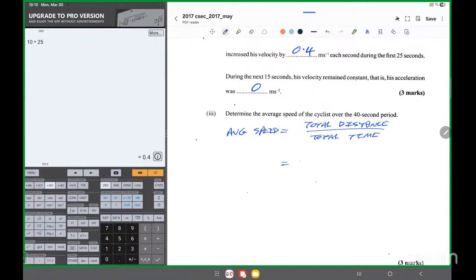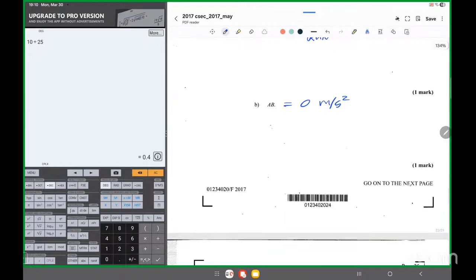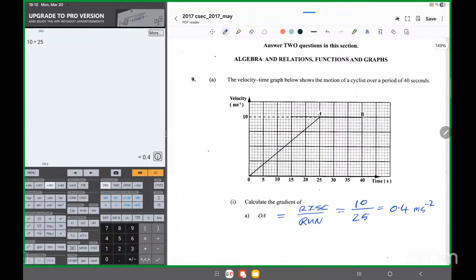Total distance is total area. Remember now, distance on a speed time graph is the area under the graph. Now what is that area equal to? That trapezium. You want the area of this thing.